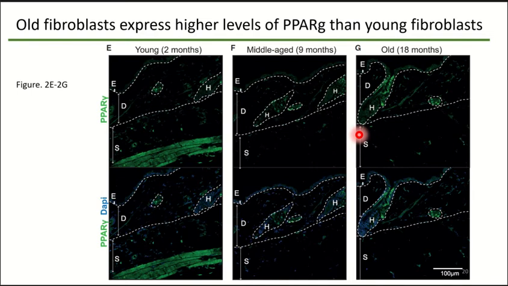Importantly, all the fibroblasts become PPAR gamma positive regardless of their position in the dermis, spanning the entire papillary and reticular region. On the other hand, in young skin, as expected, nuclear expression of PPAR gamma can be seen in lipid cells and subcutaneous fat cells, but is rarely detected in dermal fibroblasts.